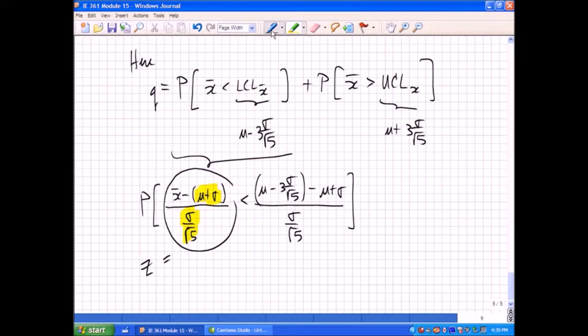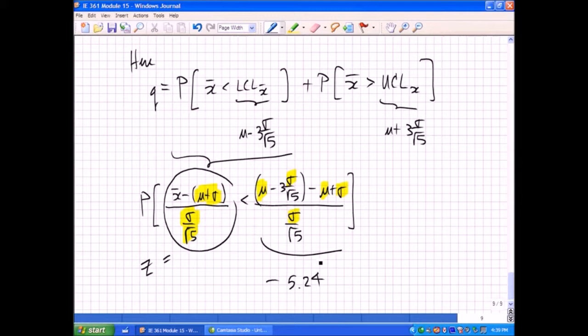And if I do the algebra on the right side, the mu's go away, they cancel out, the sigmas cancel out, and I just wind up with a number on the right hand side.